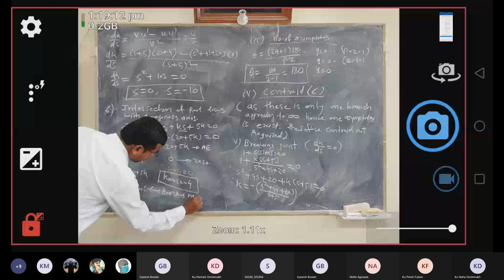Okay, then the last step, very important, that is angle of departure.